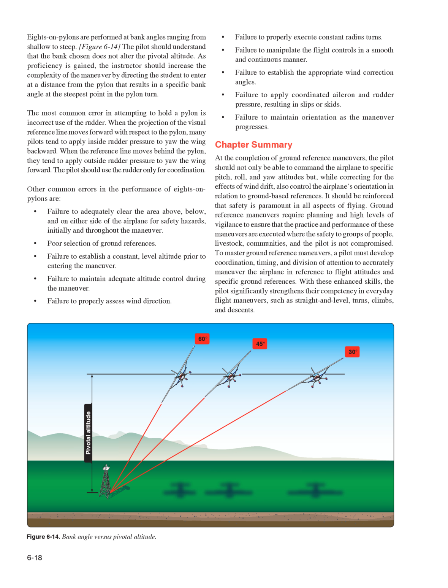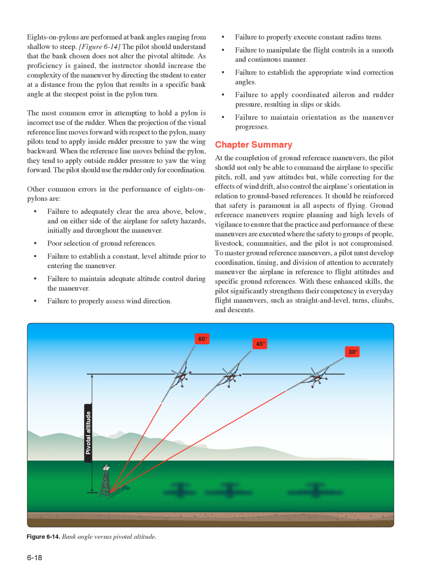Failure to properly assess wind direction. Failure to properly execute constant radius turns. Failure to manipulate the flight controls in a smooth and continuous manner. Failure to establish the appropriate wind correction angles. Failure to apply coordinated aileron and rudder pressure, resulting in slips or skids. Failure to maintain orientation as the maneuver progresses.